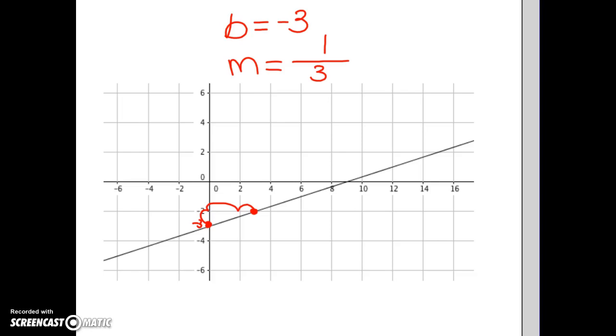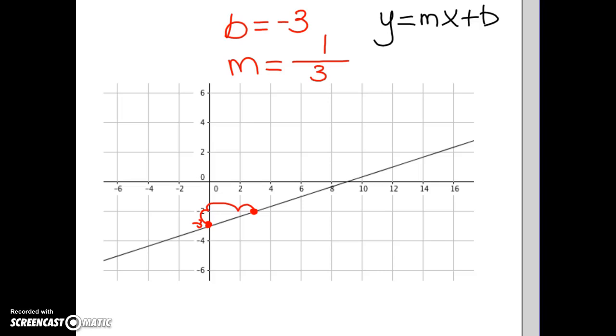My y-intercept is -3. And I have learned previously that the slope-intercept form of an equation is y equals mx plus b. So I'm going to replace the m and the b only.